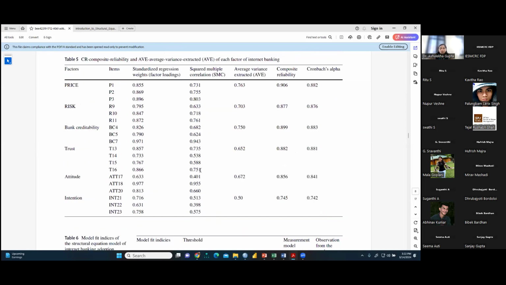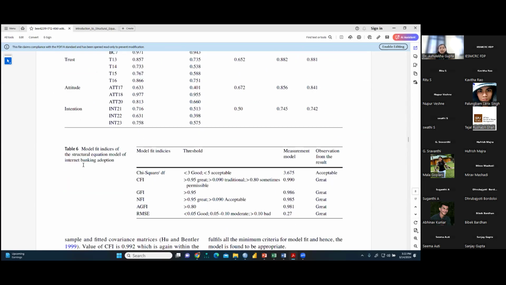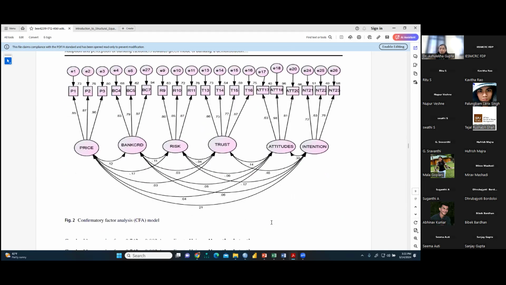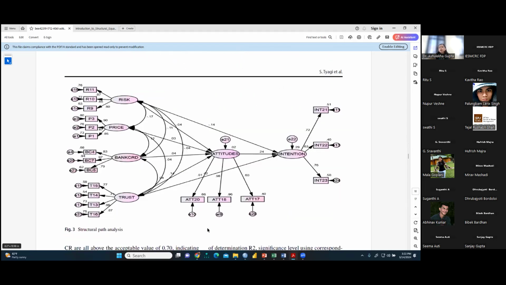And this table, the same table we had used, is for the goodness of fit indices for the measurement model. Right? Are you getting it? CFA is a measurement model. And this one is the structural equation model, that is the path analysis. Then we come to the CFA diagram. Then finally, this is our structural path analysis.